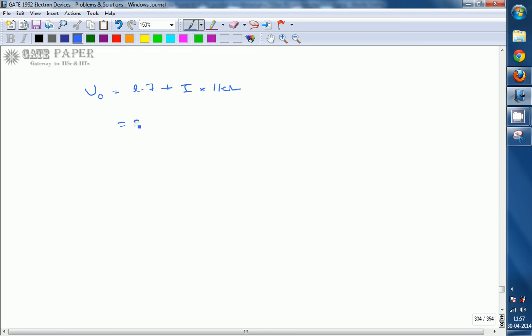So this is 2.7 plus I, where I is Vi maximum, plus 5, minus 2.7 volts, divided by 2 kilo ohms, into 1k. The k cancels. What you get is 2.7 plus (5 minus 2.7) divided by 2, that is 2.3 by 2, which is 1.15. So the value is 3.85 volts.